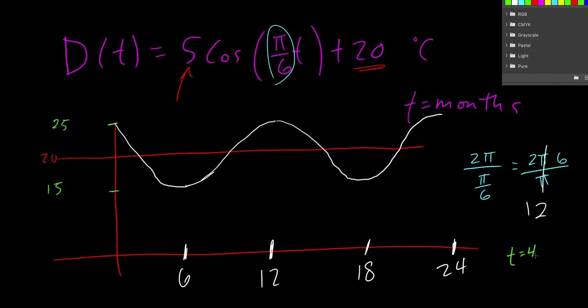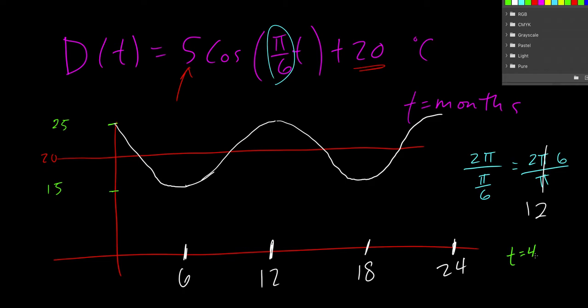May is 4 months after January. I know that's a little weird because May is the 5th month, but the way that it's worded in the problem, 1 is 1 month after January. So we kind of start in February. So we go February, March, April, May. So we get T equals 4 for that one.